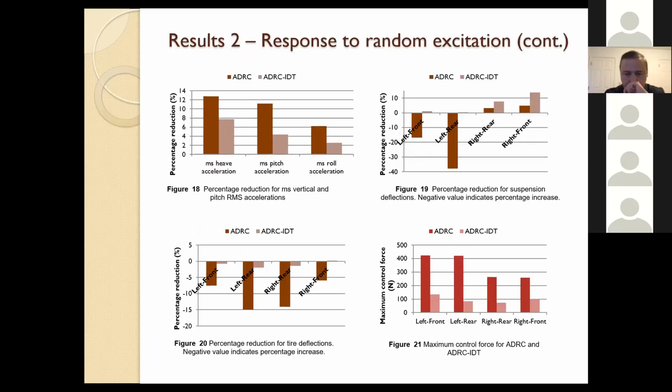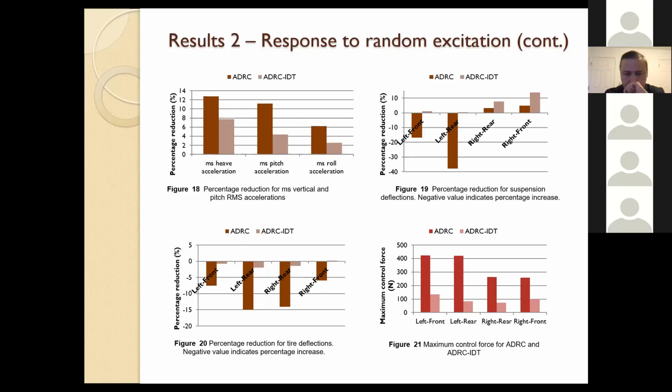When we use the random excitation as a road profile, again, the result will be consistent that the ADRC IDT is giving a better result than the ADRC. And definitely, we didn't put the passive here, because the passive would be no comparison to this one.